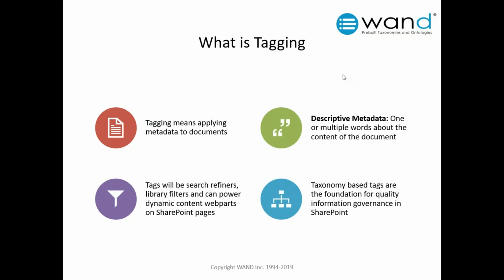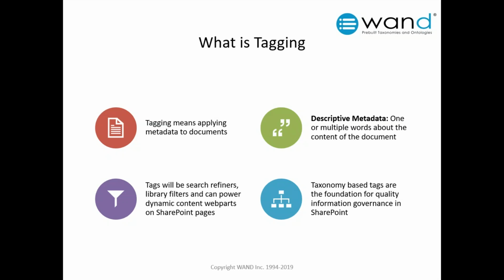I said we're going to use it for tagging, and what do we mean by tagging? Tagging simply means applying metadata to documents, and I'd like to talk about two different types of metadata. A colloquial, perhaps cliche, description of what metadata is: it's just data about data.